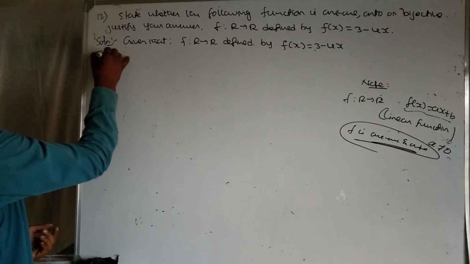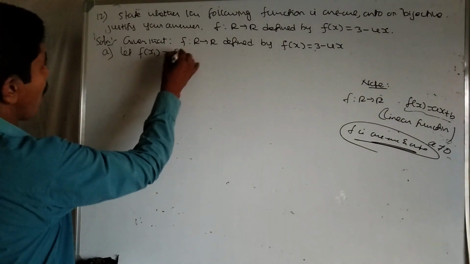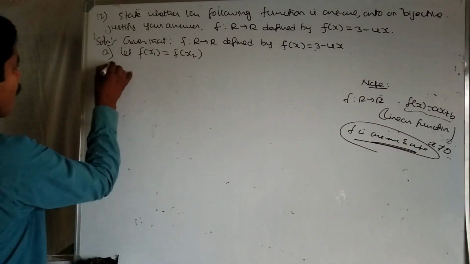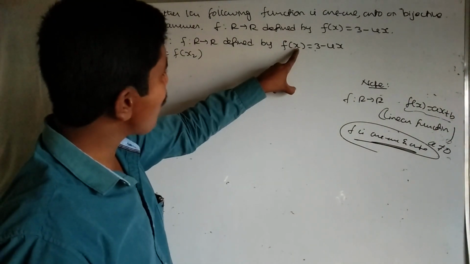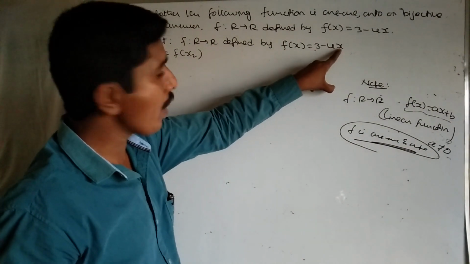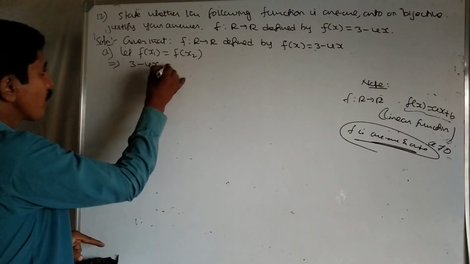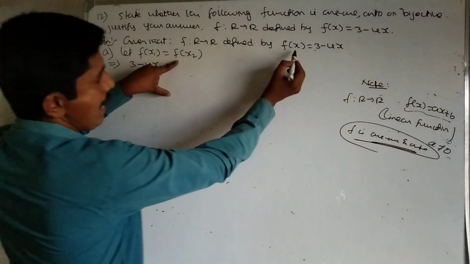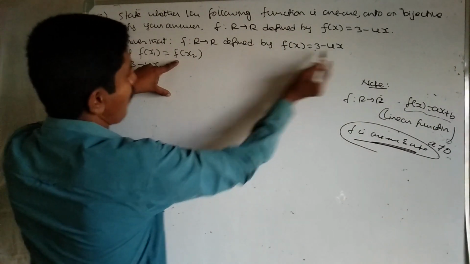Proving 1-1, let us take elements. Let f of x1 equal to f of x2. F of x1, replacing x by x1, is equal to 3 minus 4x1. F of x2, replacing x by x2, equals 3 minus 4x2.